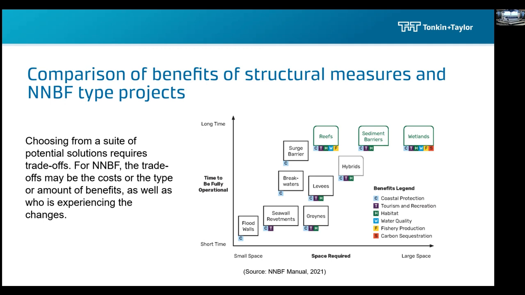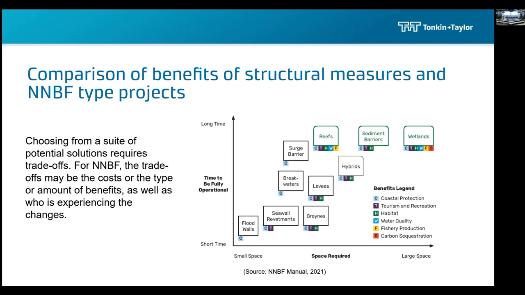Sometimes it also takes more time for those to become operational, to become effective in reducing coastal erosion risk or flooding. But as you can also see, as we move along to the more nature-based systems, that more space, we have better ecosystem services along with those more nature-based systems.